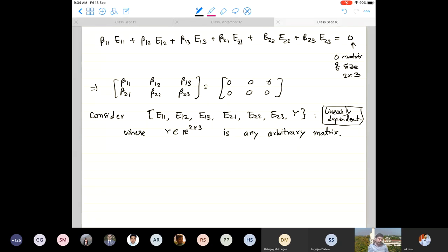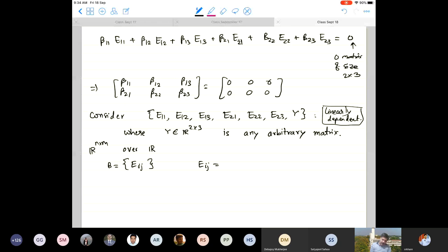And once this set is a basis, then for any arbitrary n cross m, I can define the collection B of all matrices Eij. And how do I define Eij?